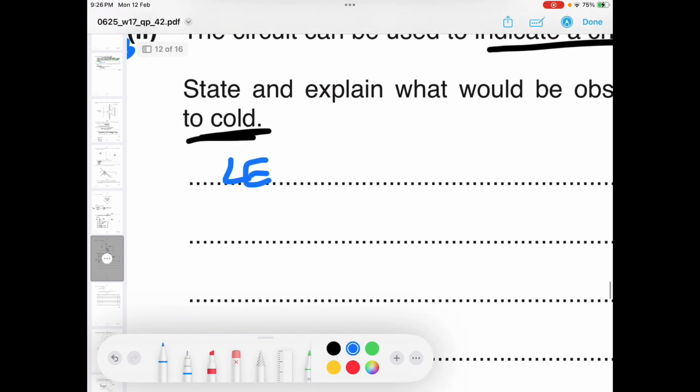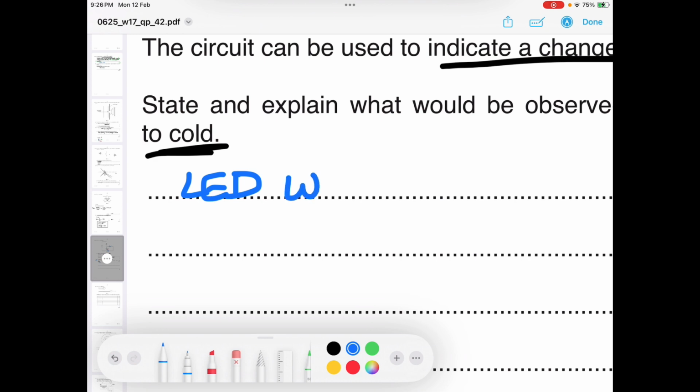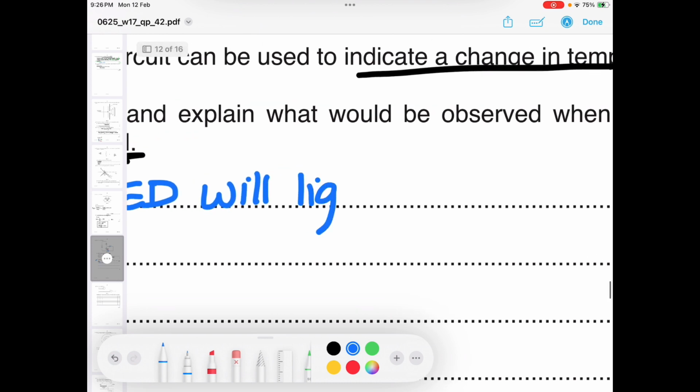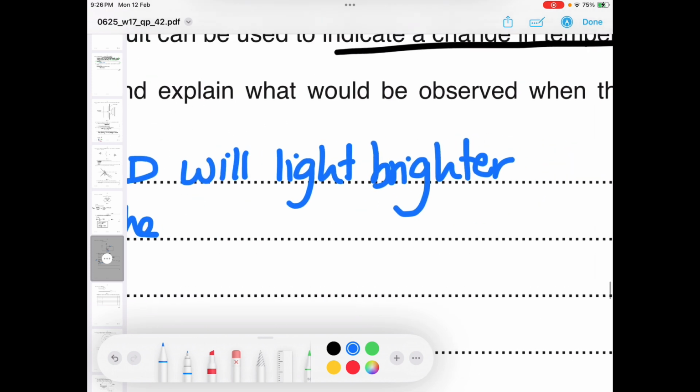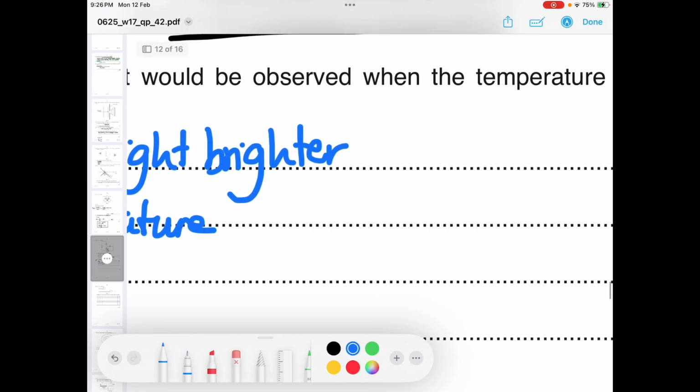Okay, so LED will light brighter as the temperature decreases.